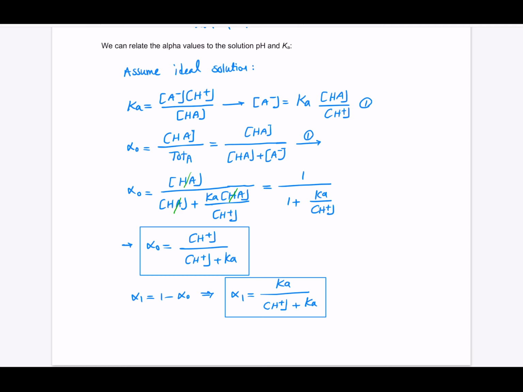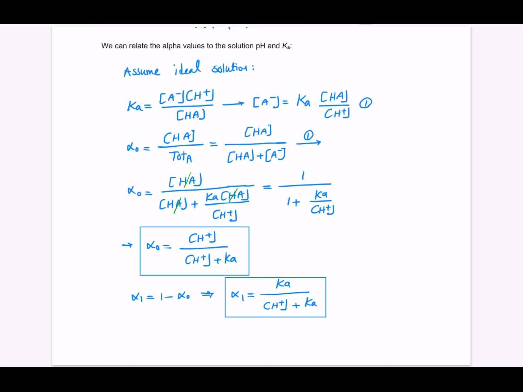So a very practical way to calculate the speciation for a weak acid. We're using alpha 0 and alpha 1. And this is how we basically prove the expression for a monoprotic acid. We can basically do the same thing for diprotic and triprotic acid as well.